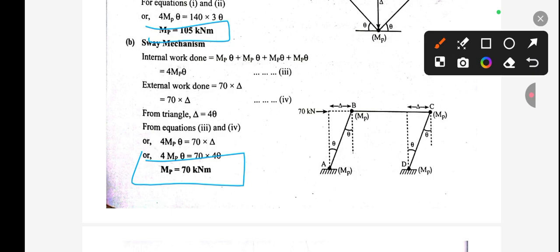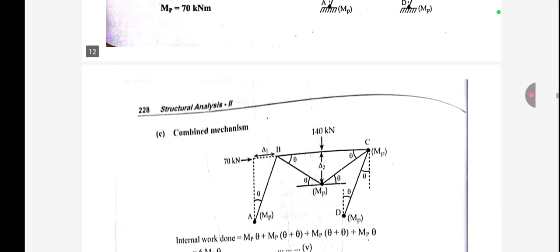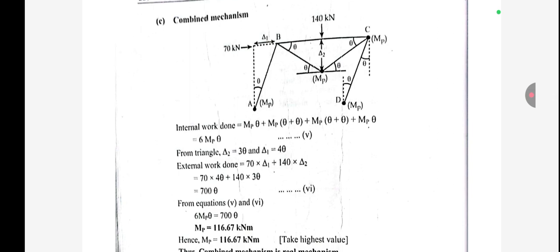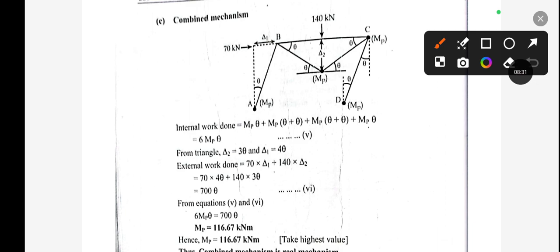Now let's move to the next step, that is the combined mechanism. In the combined mechanism we have to show two different mechanisms together, and due to the name combination we have to show both effects in the same figure.